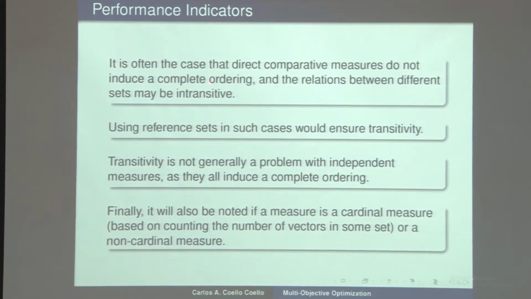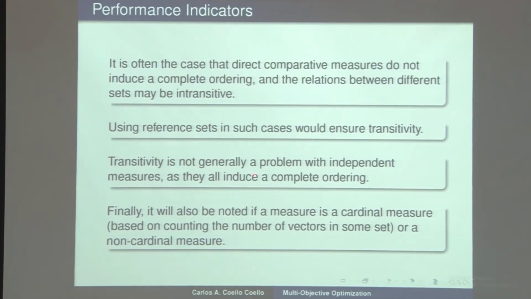It is often the case that direct comparative measures do not induce a complete order. And the relations between different sets may be intransitive. So this is bad. Intransitivity is always a bad thing. What we can do in these cases is to use reference sets, and that's what people do.